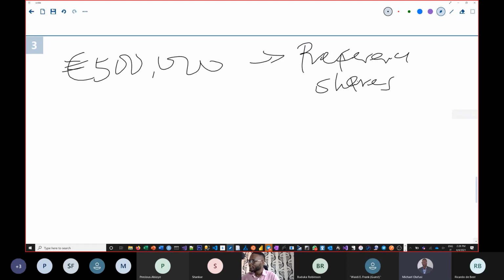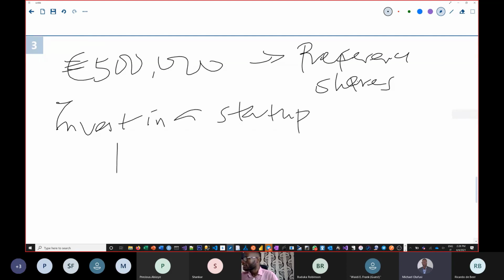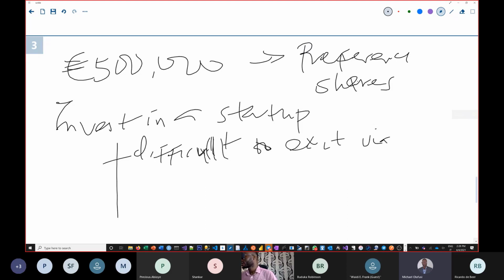When you invest in a startup, it's difficult to exit via equities trading.